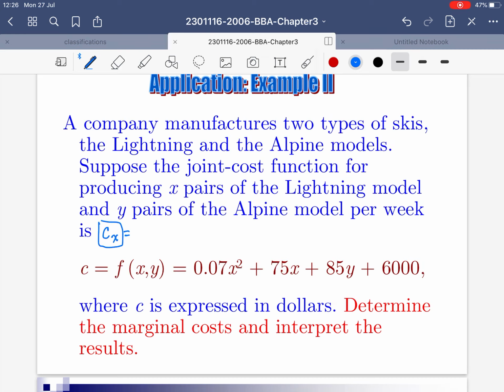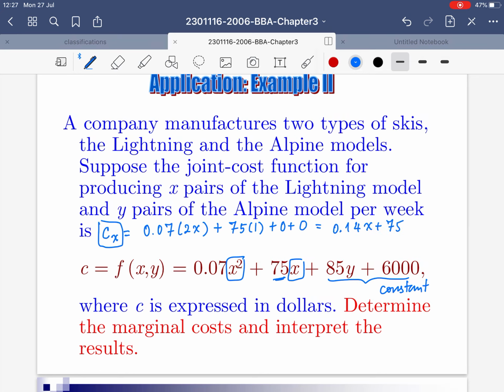So the derivative applies directly to where your x is, but the rest are now constants. The derivative of 0.07x² becomes 0.07 times 2x. The derivative of 75x is 75 times 1, and the rest, because they are constants with respect to x, are all 0. So here you have 0.14x + 75.